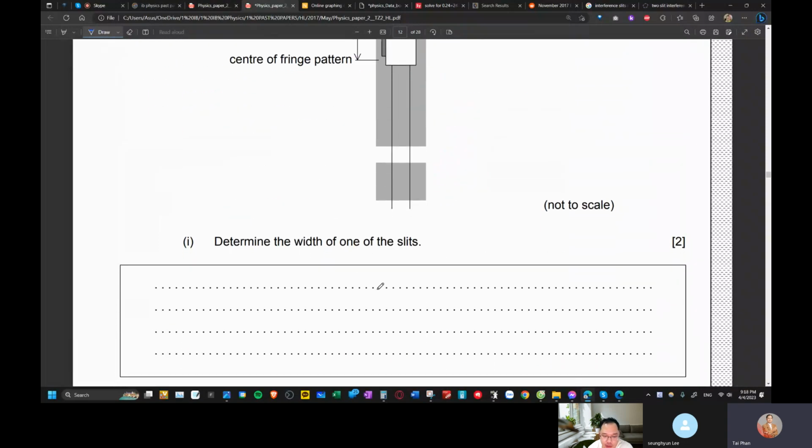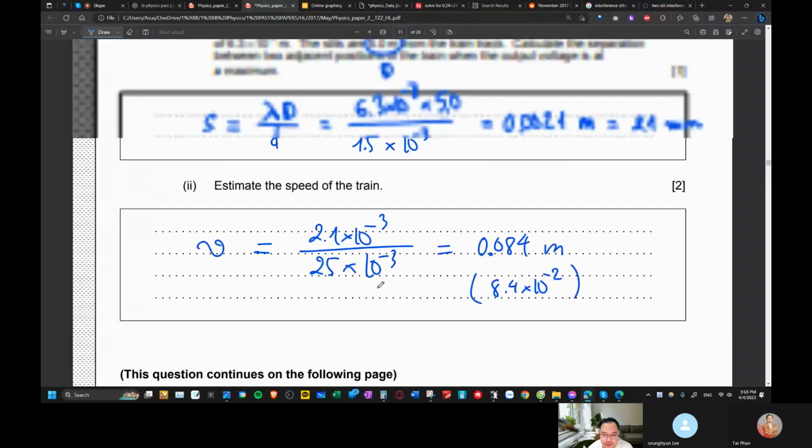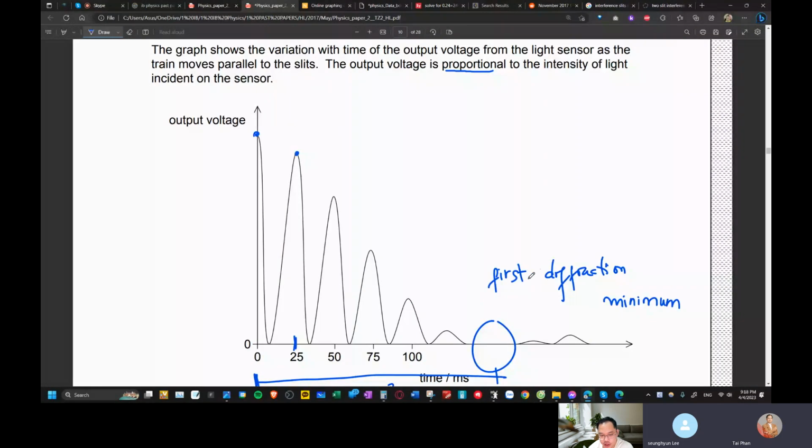Determine the width of one of the slits. This first diffraction is the first maximum of interference here. Second maximum of interference, meaning 2 small s separation. This is s. This is also another s that we found, s equals lambda big D over small d, which is 2.1 millimeter.